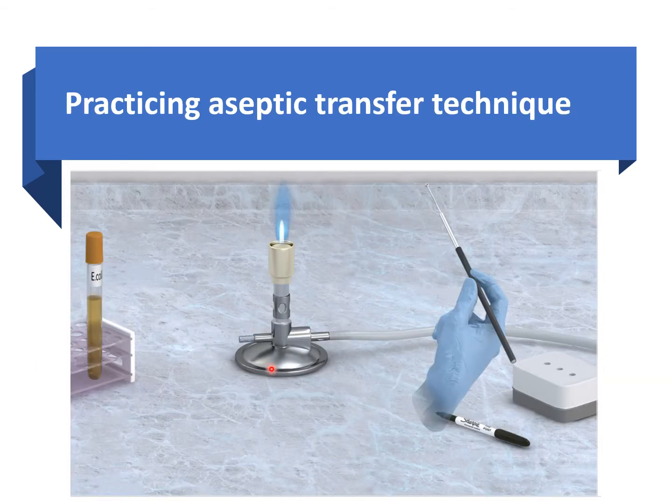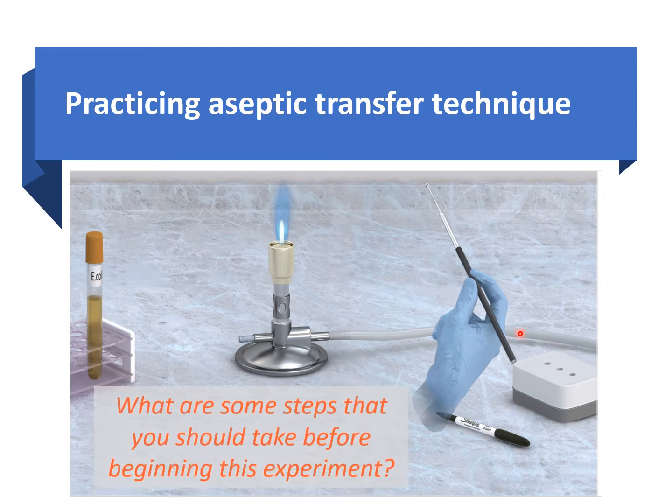So this is an image right here of the virtual lab that you're going to be working on this week in lab. Now, what are some steps that you should take before beginning an experiment? So think about it, some of the aseptic techniques that you should make sure you follow.